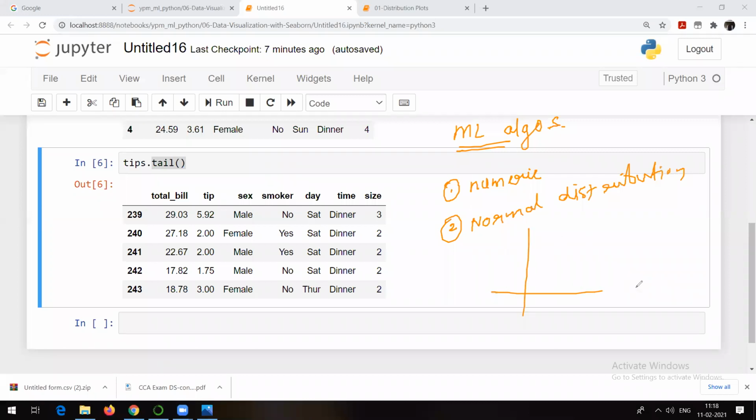That means the distribution of your data should look like this, or bell-shaped curve we call it, right? This is called a bell-shaped curve. So your distribution of the data should be a bell-shaped curve, right? So normal distribution, it means what? Normal distribution means data should be symmetrical, right? Or to be more precise, it is standard normal distribution.